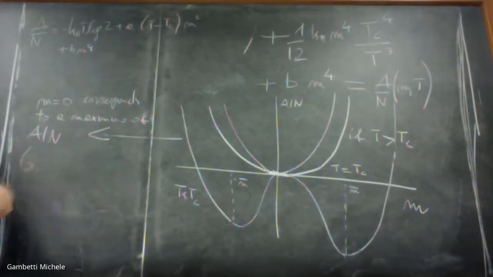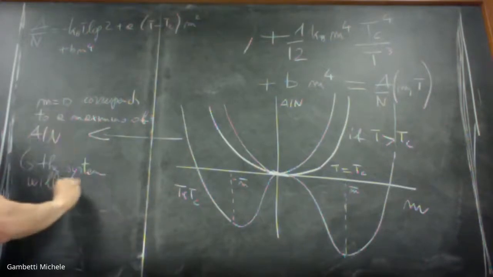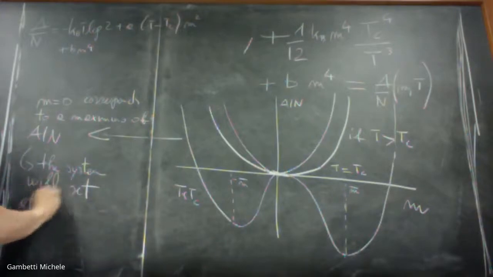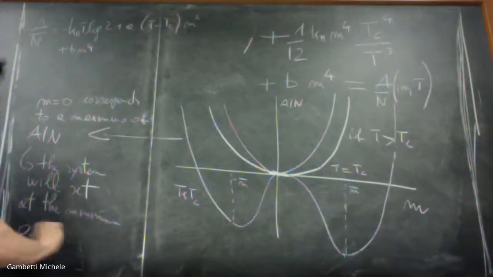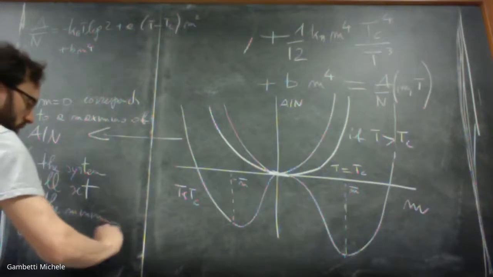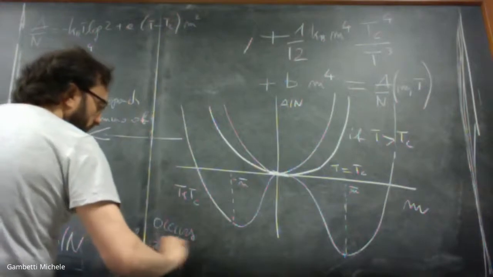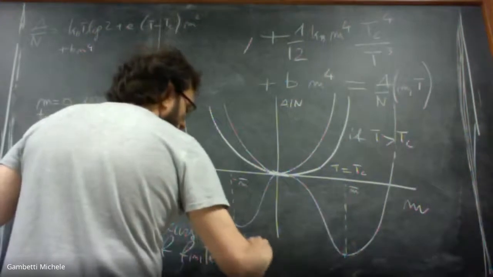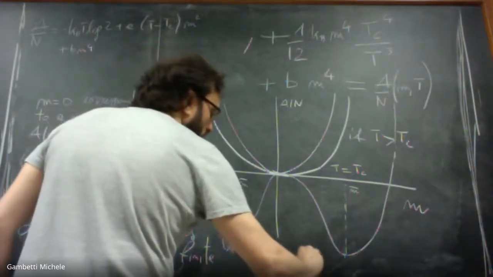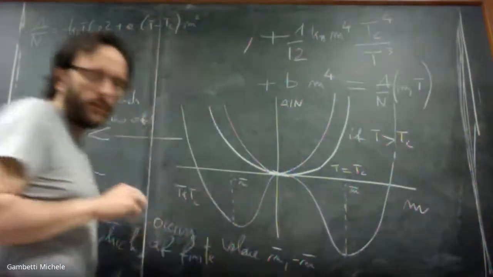And so the system will roll or will settle at the minimum of a divided by n, which occurs at a finite value m bar or minus m bar. So either here or here.